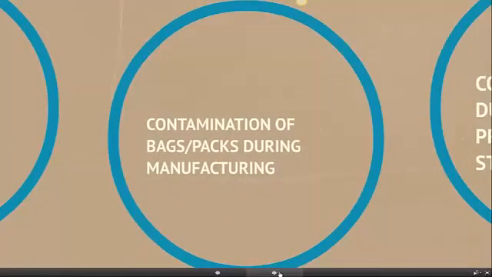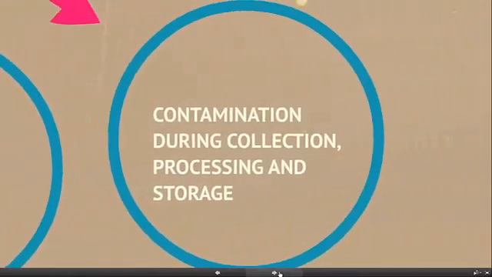And the third one is contamination during collection, processing, and storage. That's why in the blood bank, we need to take care of sterility during collection, processing, and also storage to make sure we reduce the risk of contamination of the blood product.